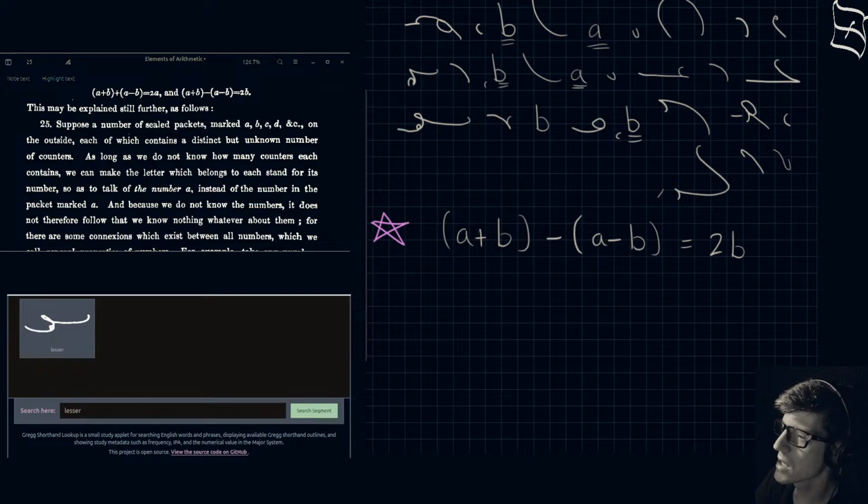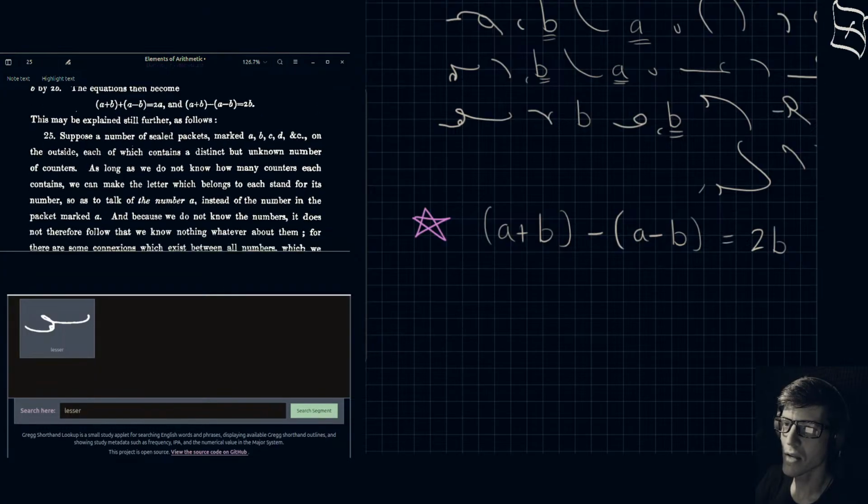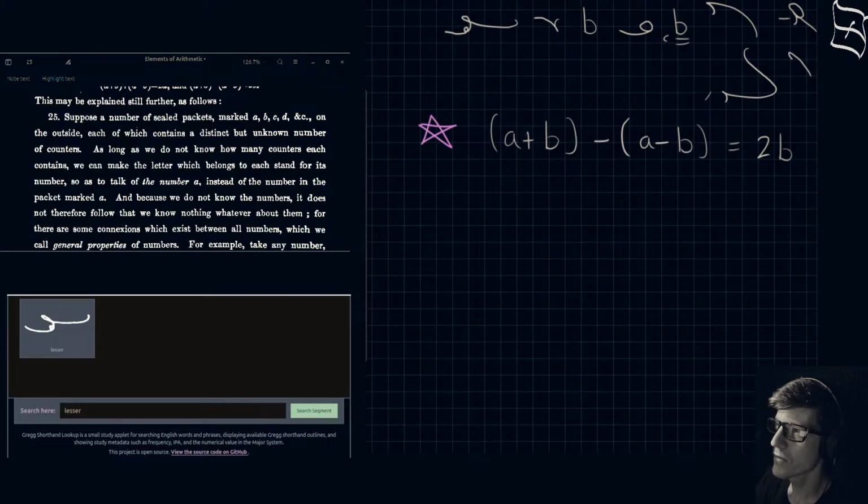In other words, the difference of the sum of a and b and the difference of a and b is equal to 2b. Okay, so there we go. That is pretty much everything that is taken from 24, and now we follow up with 25. Let's go get this lined up here, and we start now.